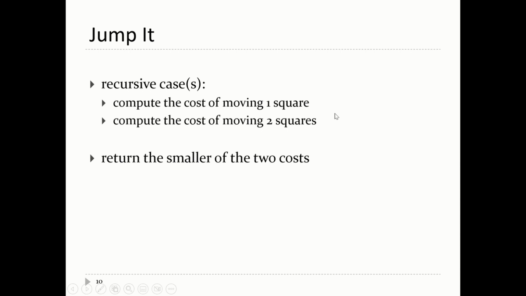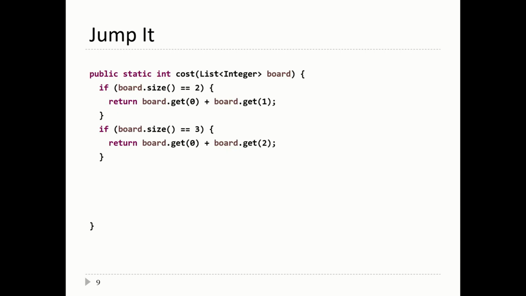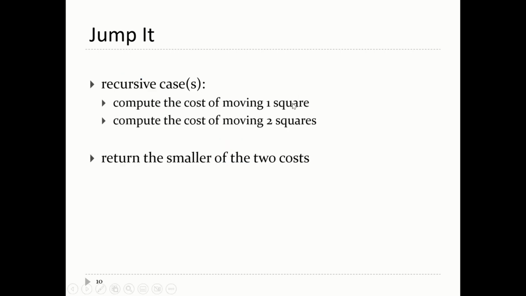So how do I find the cost after moving 1 square? Well, the cost method computes the cost of solving some board. So if I can compute the board that's missing the first square, I can just recursively call cost. Similarly, how do I compute the cost of moving 2 squares?